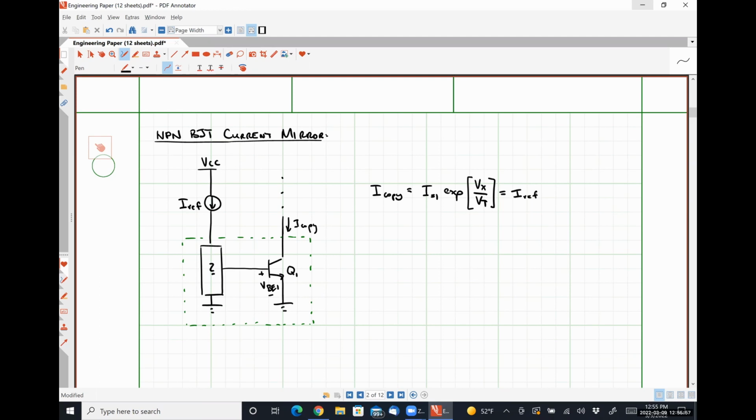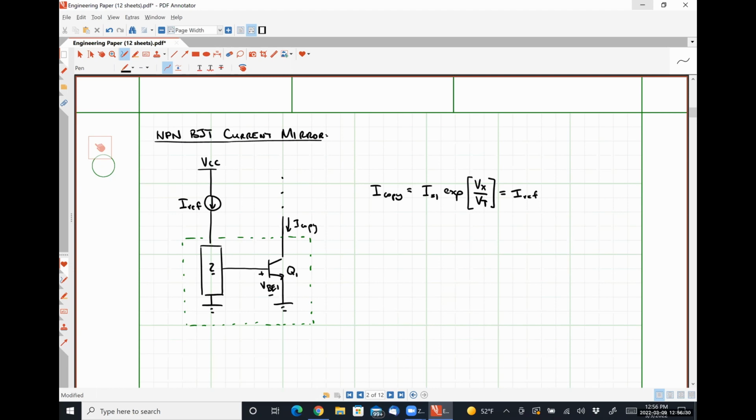So what this means is that if Q1 is functioning as a voltage-controlled current source, then whatever this black box is has to be operating as a current-controlled voltage source, because the output of this black box is supplying the base emitter voltage for Q1.